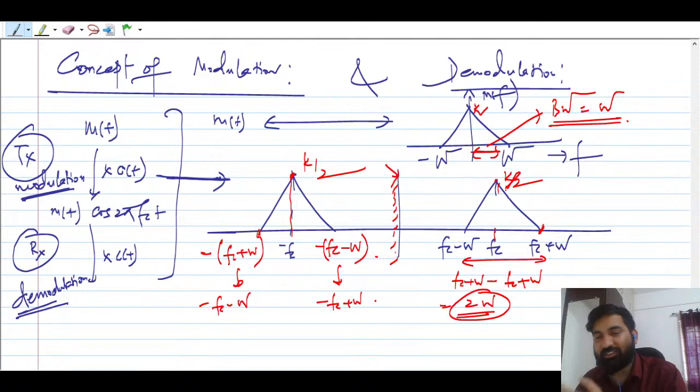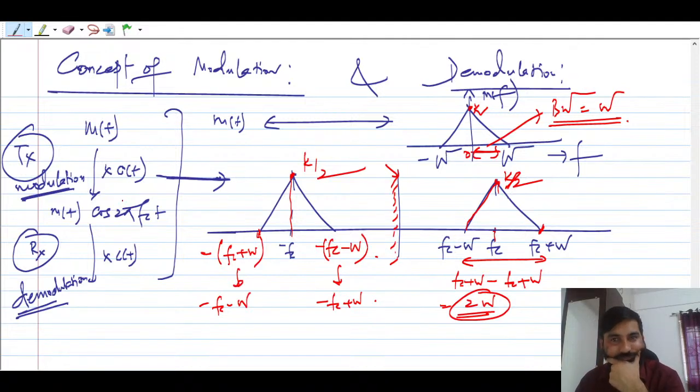Carrier is not there, since this is just the amplitude of the message signal in the frequency domain. So there is no carrier right now at FC. Please remember, because earlier it was just a 0, around this it is K. Keep this in mind.